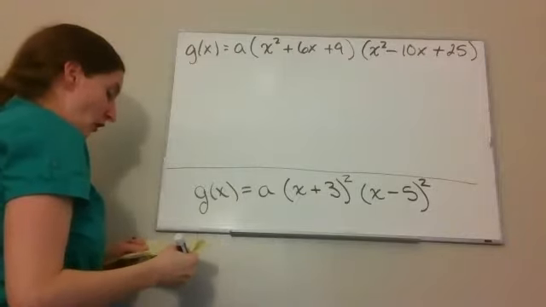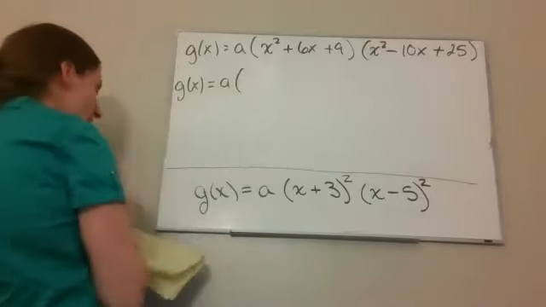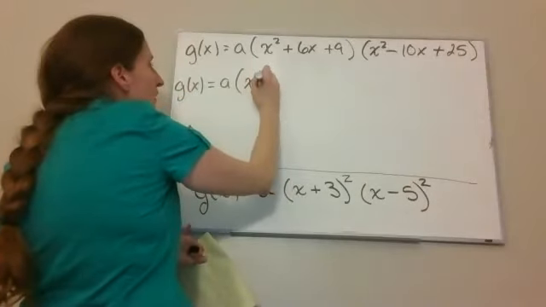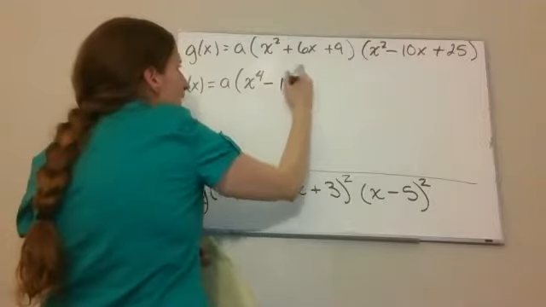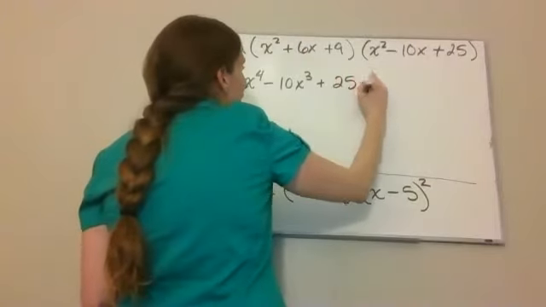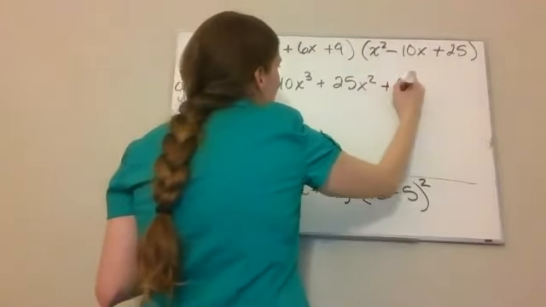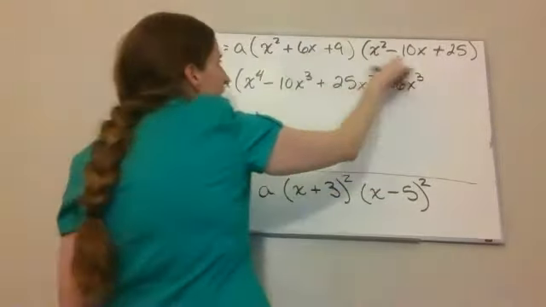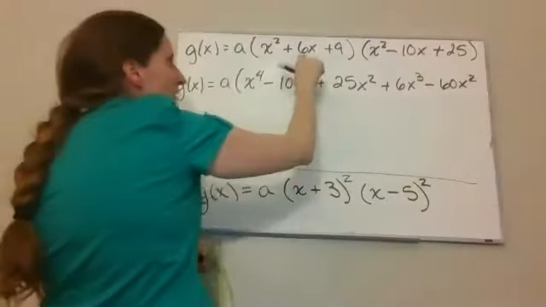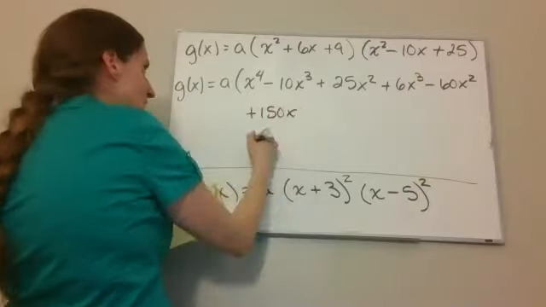Now, if I distribute all of this, I have my a times x squared times x squared is x to the 4th. x squared times -10x, -10x cubed. x squared times 25 is 25x squared. 6x times x squared is 6x to the 3rd. 6x times -10x is -60x squared. 6x times 25 is a positive 150x.